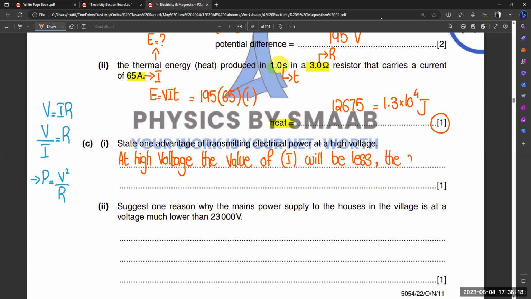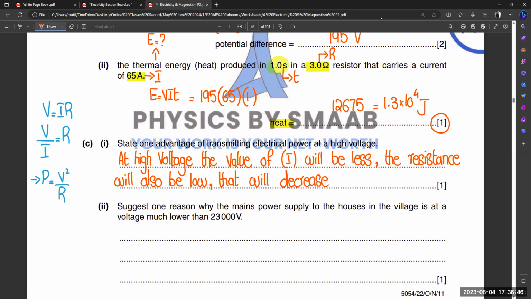So resistance, or you may just simply write that resistance will be lowered at this stage. So that will decrease power loss.